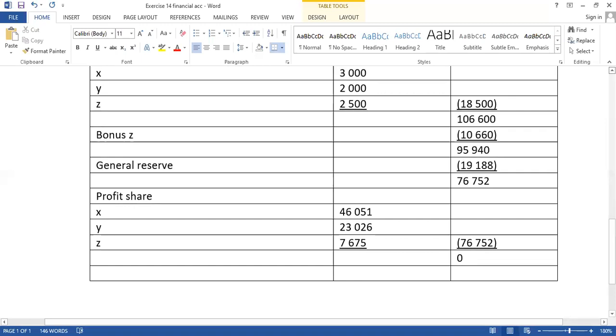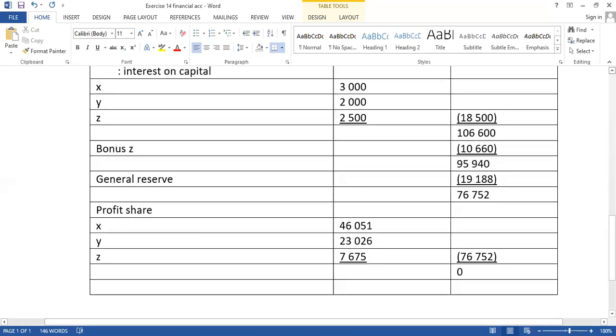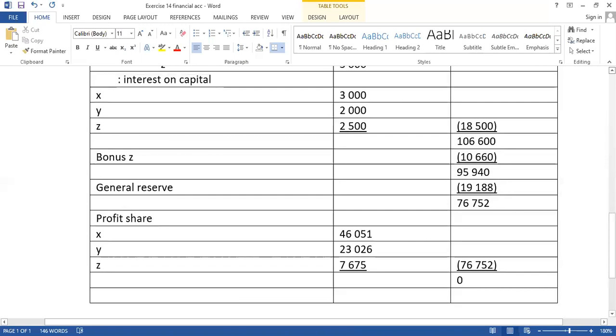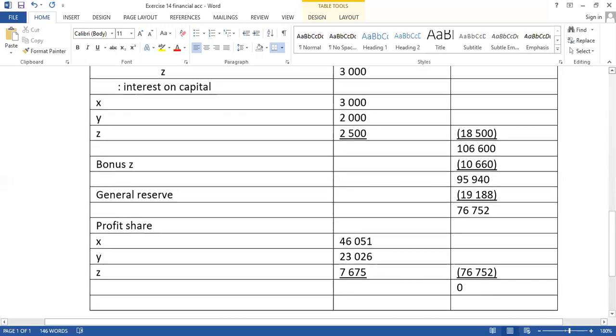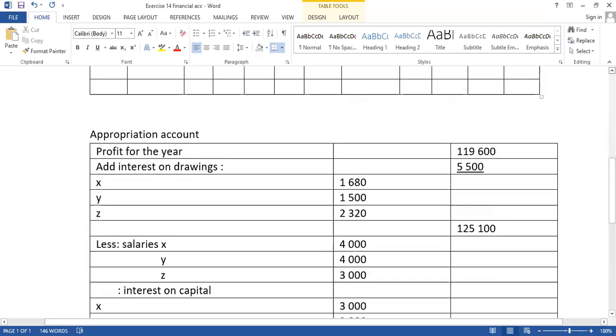So because the partners are receiving, on which side will you record? The business made a profit, therefore we are receiving money. Which side of the current account will you record this? A credit side. On the credit side.